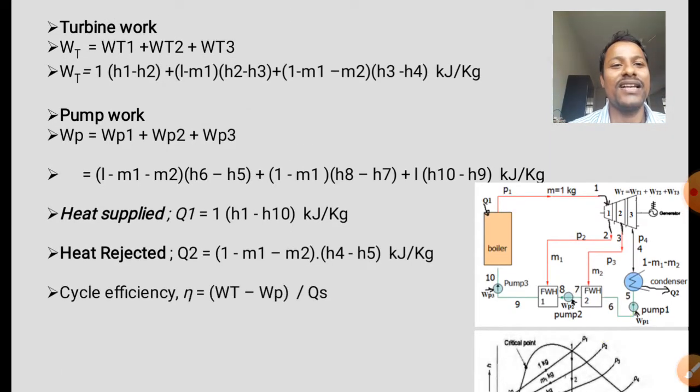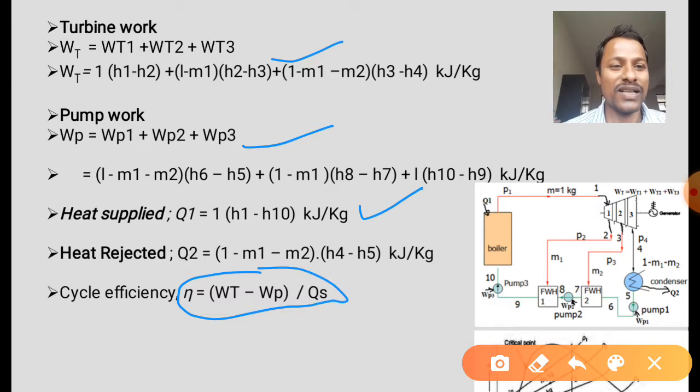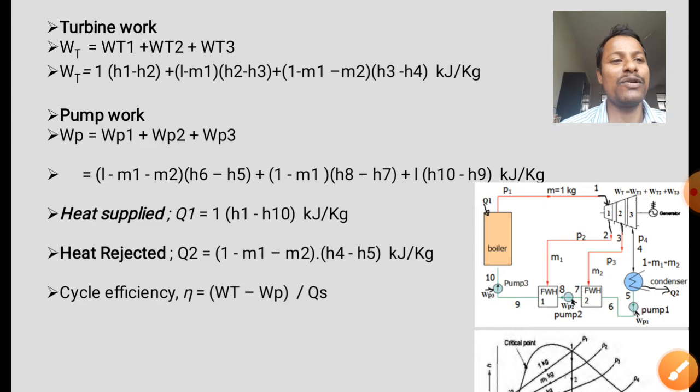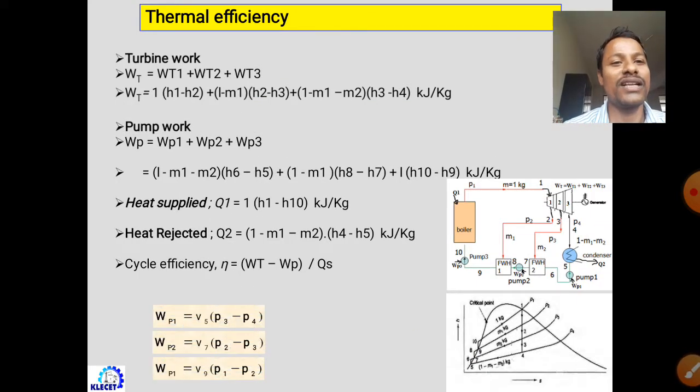So after calculating individually the heat supplied, turbine work and pump work, we can substitute in the thermal efficiency formula, that is turbine work minus pump work divided by heat supplied. So this is the way we will be able to calculate the thermal efficiency of the open feed water heater with 2 heaters in a regenerative Rankine cycle.